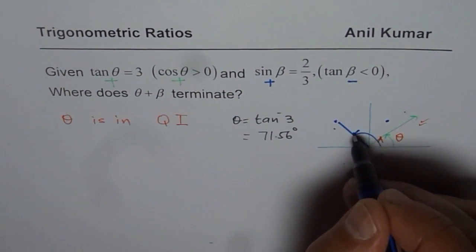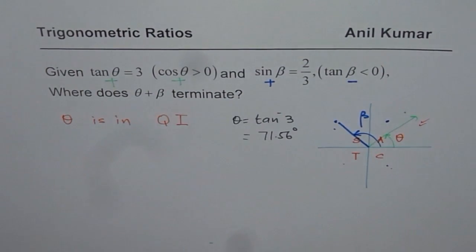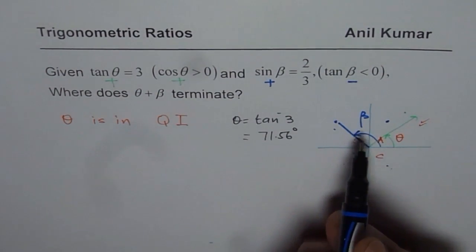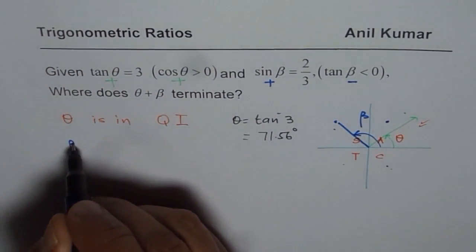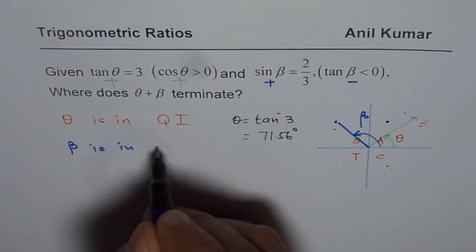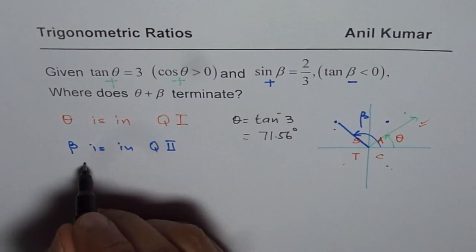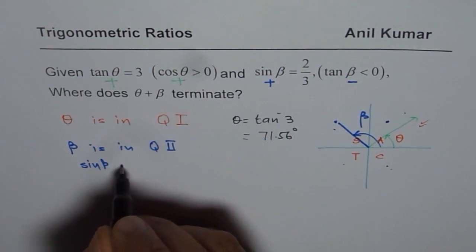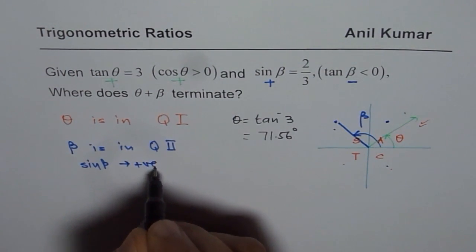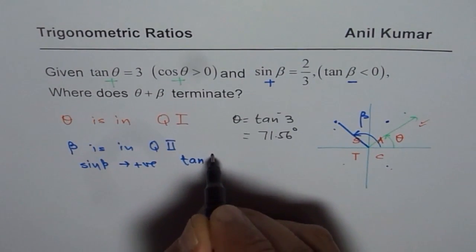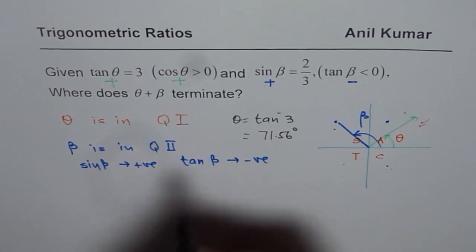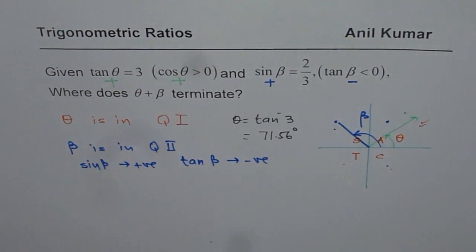So beta is this angle. So beta is in quadrant 2, the reason being sine beta is positive and tan beta is negative, right?